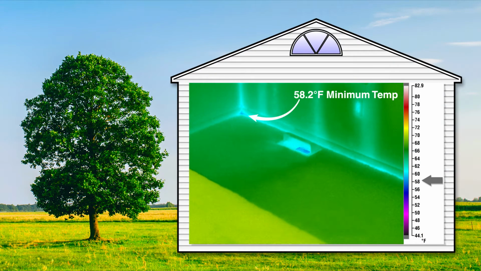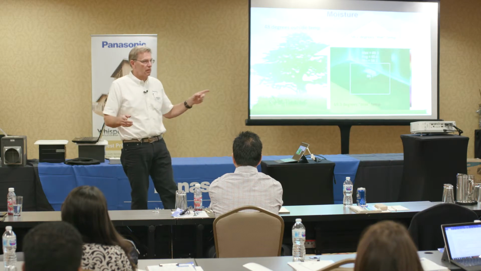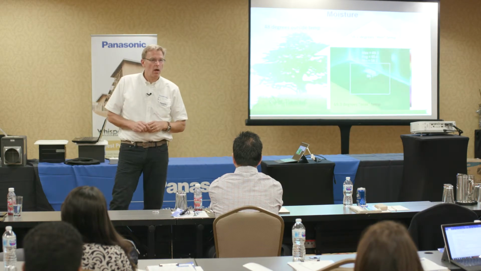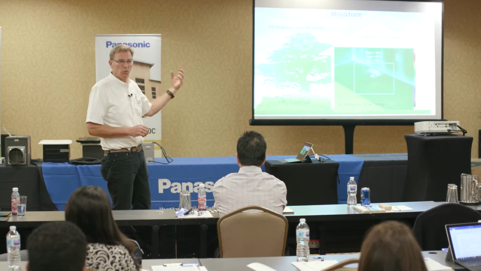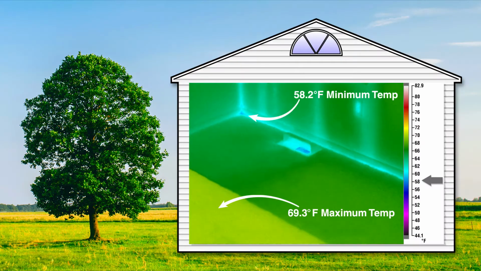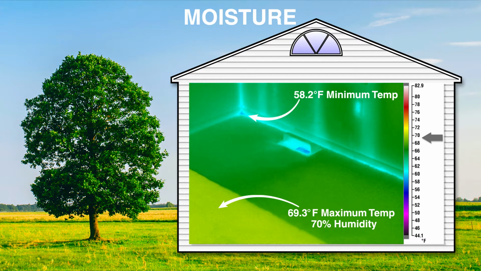So in that corner, I'm at 58.2 degrees. Not a problem as long as my moisture load doesn't go above 70% in the room in general, right? Because if I'm at 70% in the room at 69.3 degrees, I'm nearing 100% humidity in that corner. That's condensate. That's water forming on that corner.